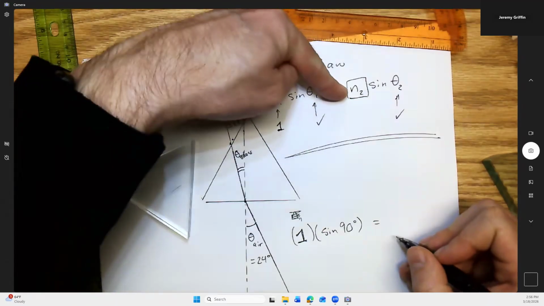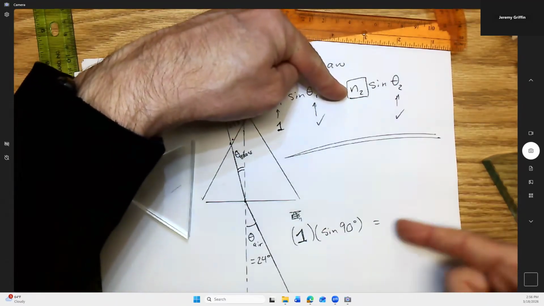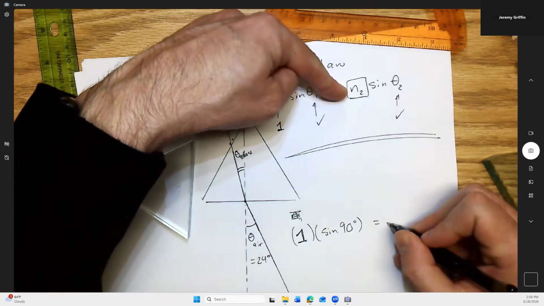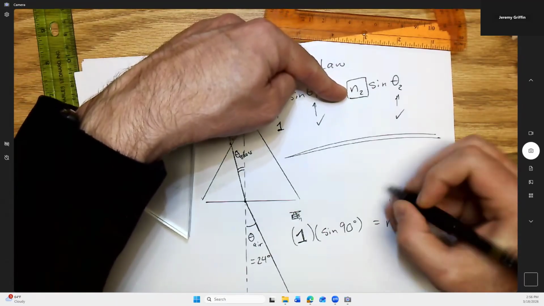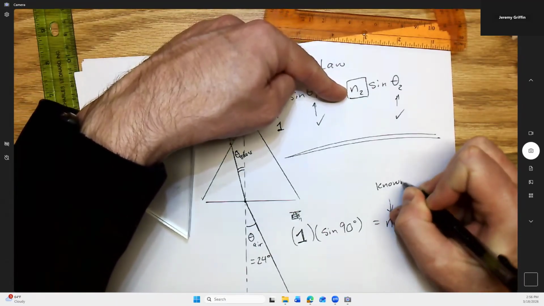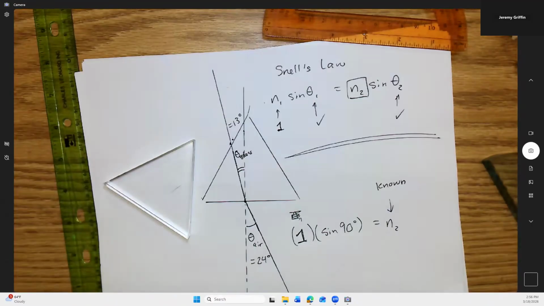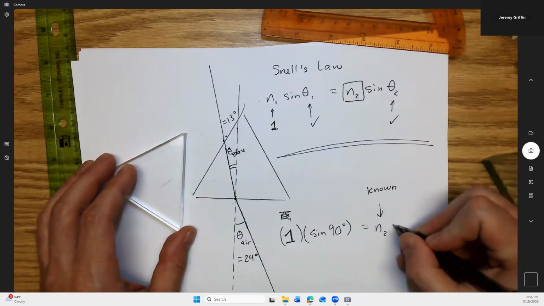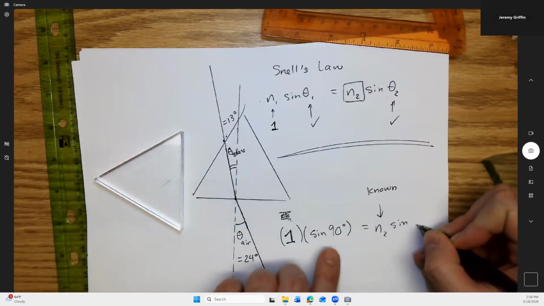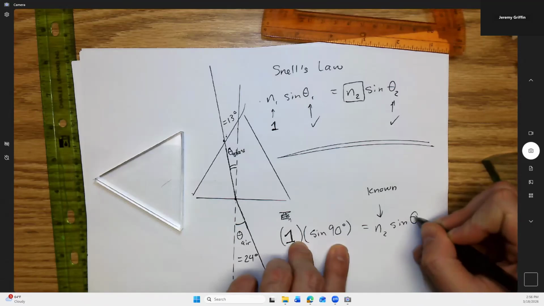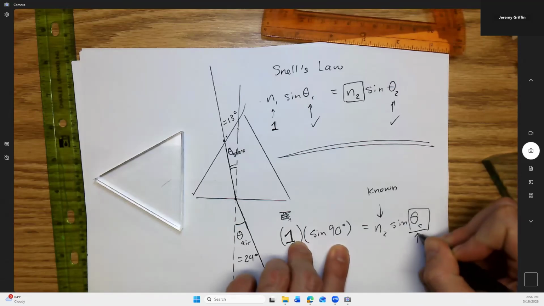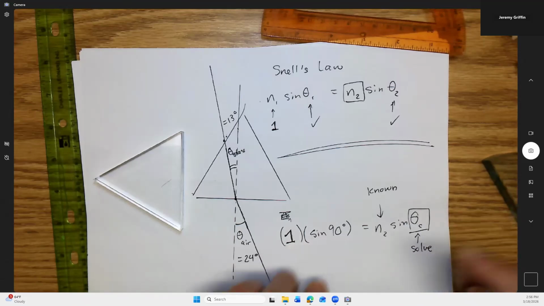After you find the index of refraction of the glass piece, you can pop it in right here, so I'll write n2, times sine of the critical angle, and then you can solve for this.